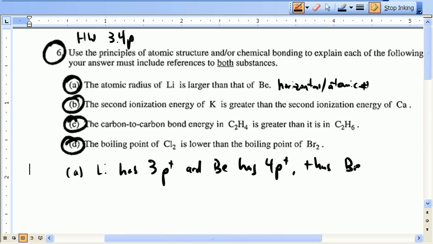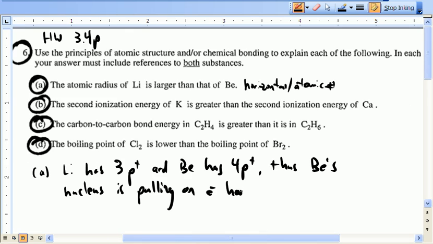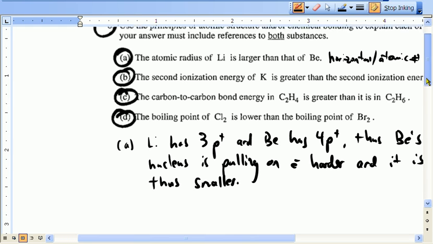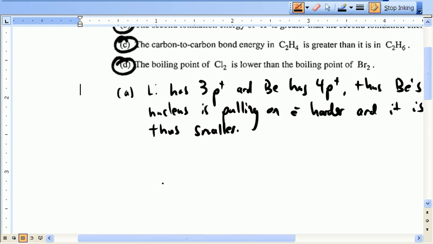Thus, Be's nucleus is pulling on electrons harder, and it is thus smaller.